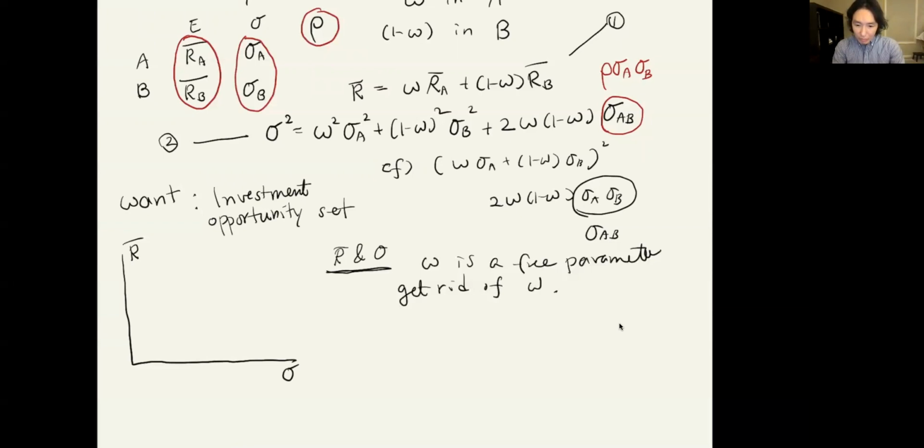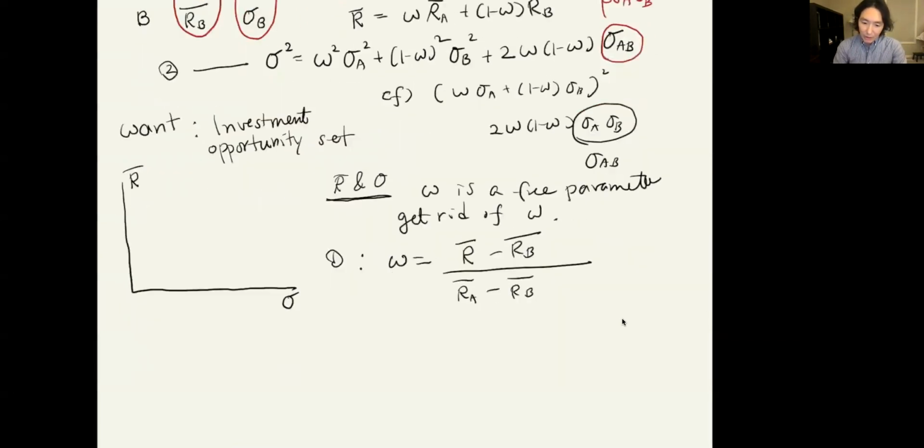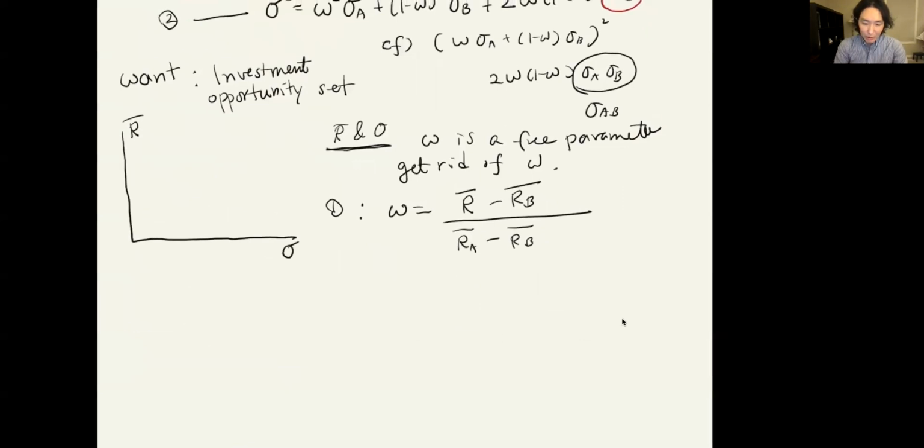From equation 1, you can get an expression for W, which is the expected return minus RB over RA minus RB. Okay, so that is the weight, and we need to plug this in.